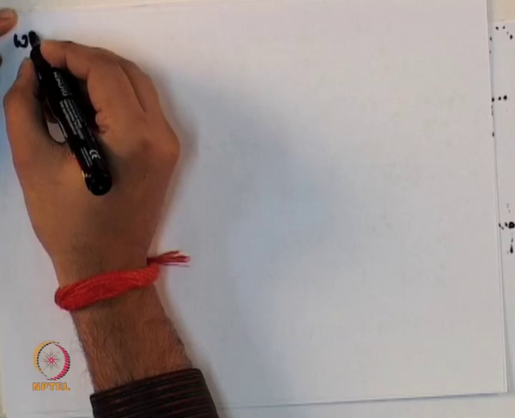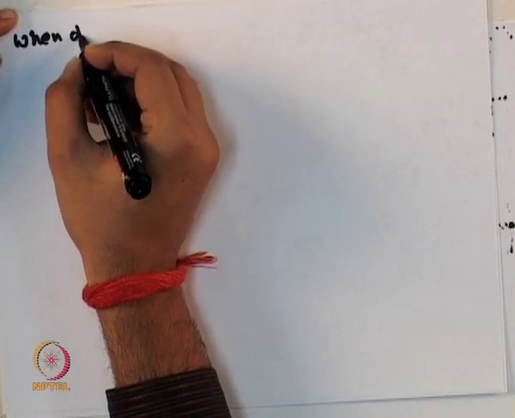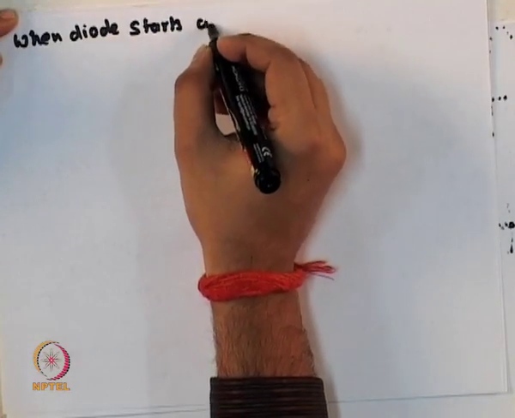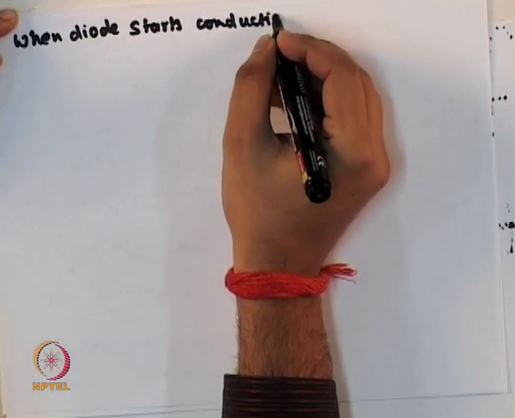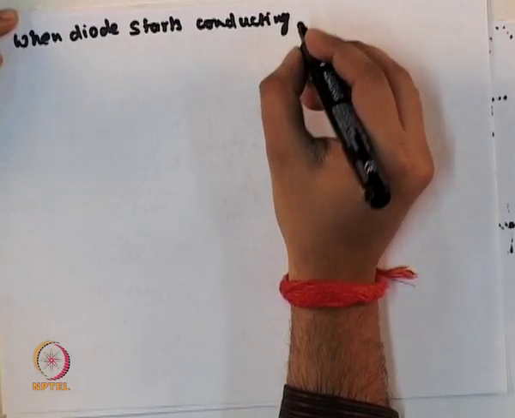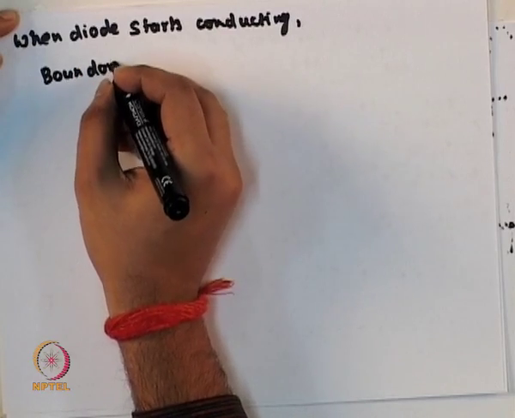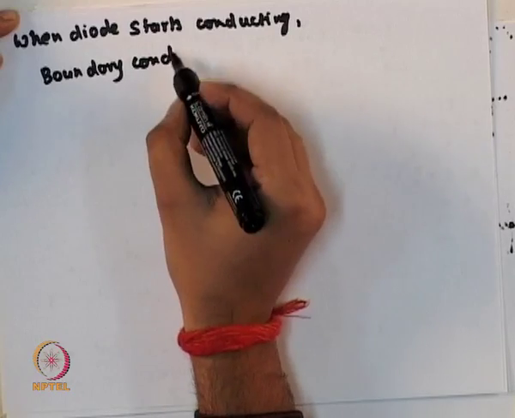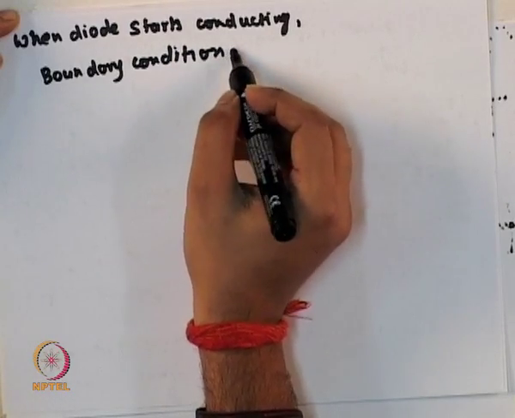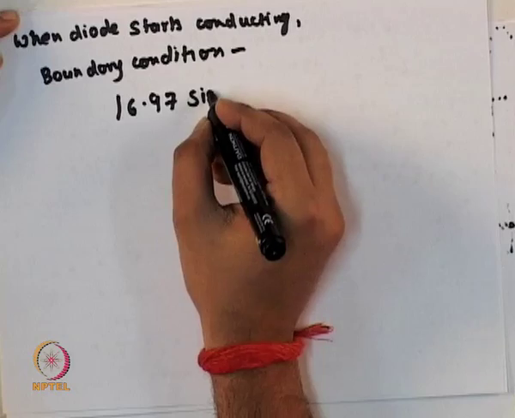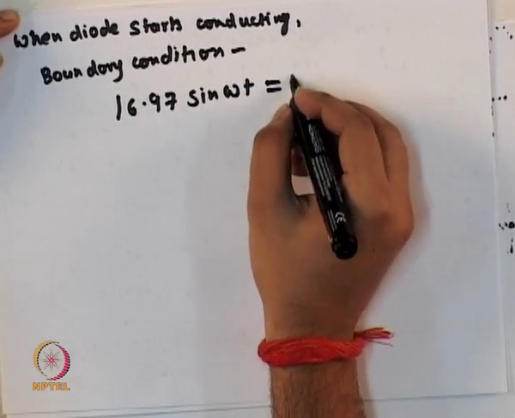Now let us see when the diode starts conducting. For that, the boundary condition would be 16.97 sin omega t equal to 12.